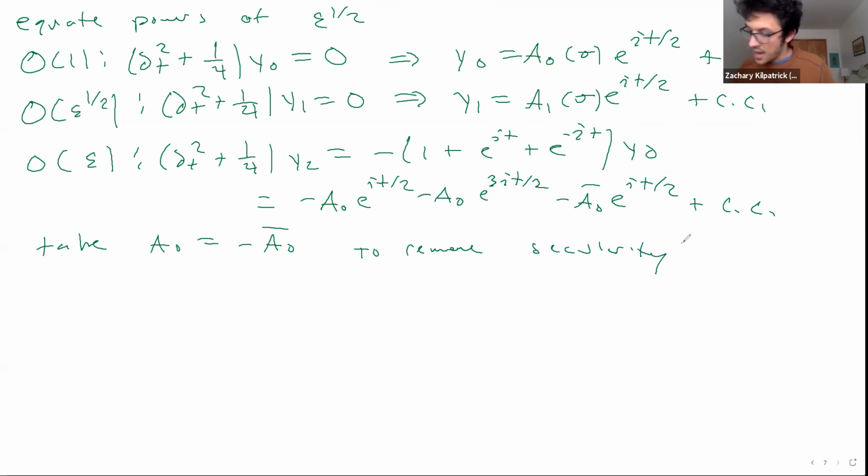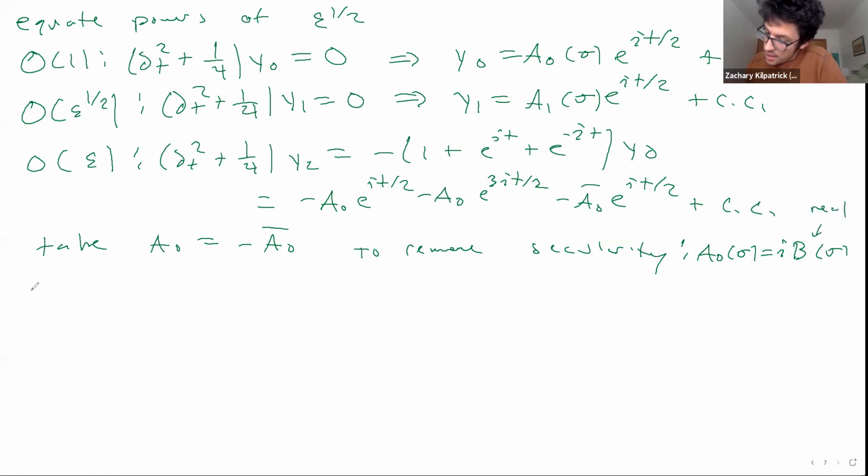So that means that a0 of sigma is just going to be equal to i times b0 of sigma. Actually, let's just call this b because I don't think I'm going to have another b floating around. Okay, and this function here is real.